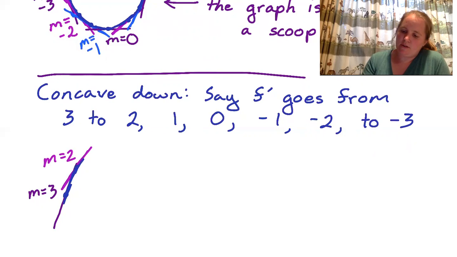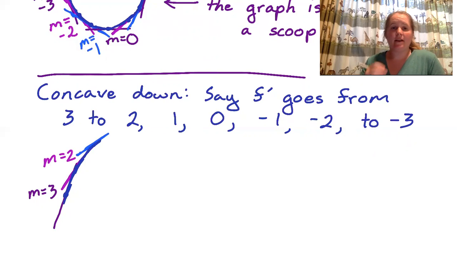And then switching to a slope of 1. So here we're flattening out again, but sort of in a different direction.